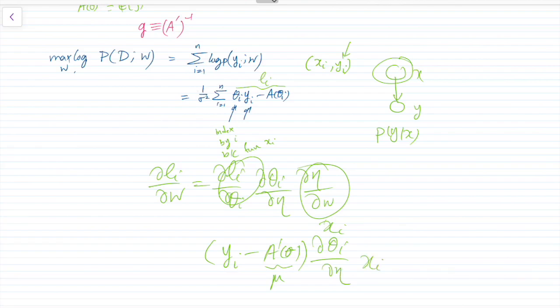So at the end, my loss function becomes a sum of terms that have a form like this: xi minus mu i, some function of theta i, eta i, xi.